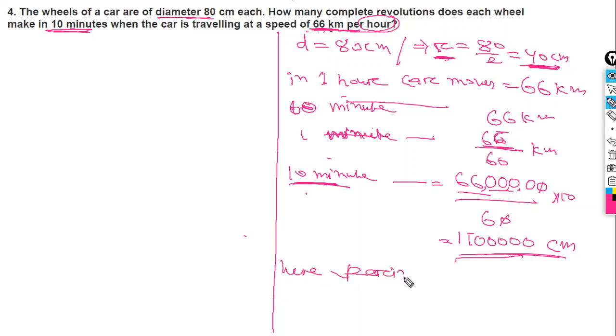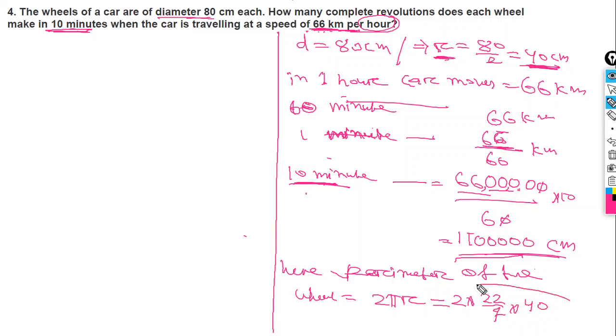Perimeter of the wheel is equal to 2 pi r, which is equal to 2 into 22 by 7 into r, and your radius is 40. So write just it, we will not simplify it. So 2 into 22 by 7 into 40.